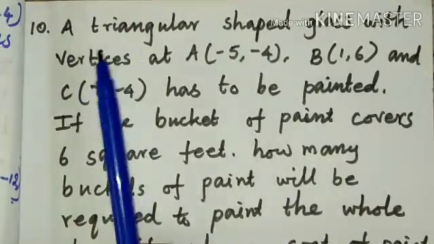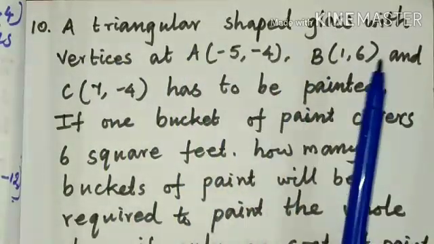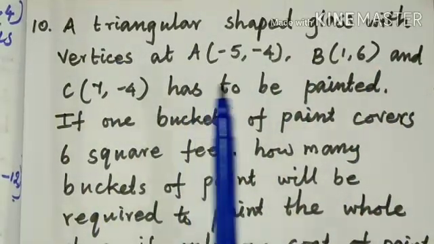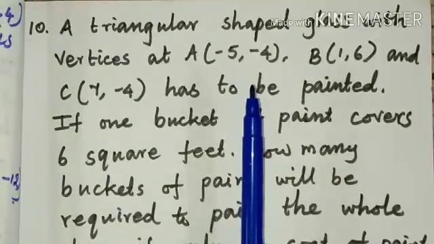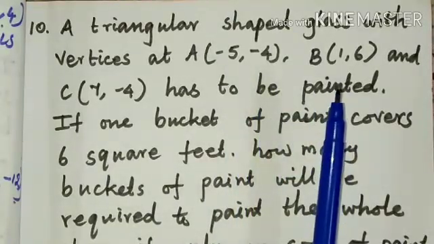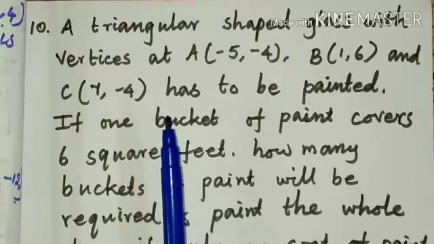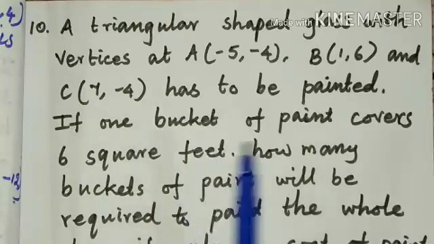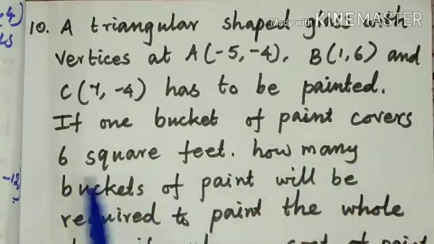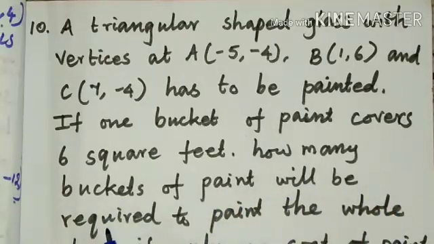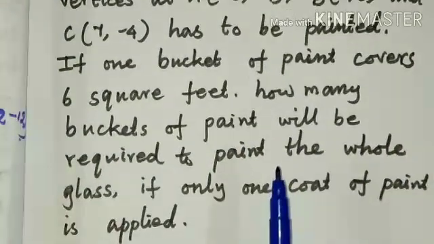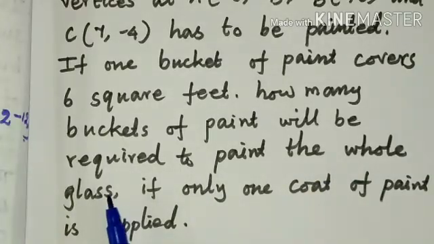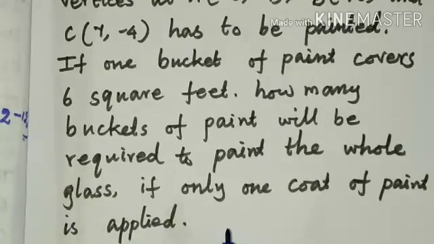See the question. A triangular shaped glass with vertices at A(-5, -4), B(1, 6) and C(7, -4) has to be painted. If one bucket of paint covers 6 square feet, how many buckets of paint will be required to paint the whole glass if only one coat of paint is applied?